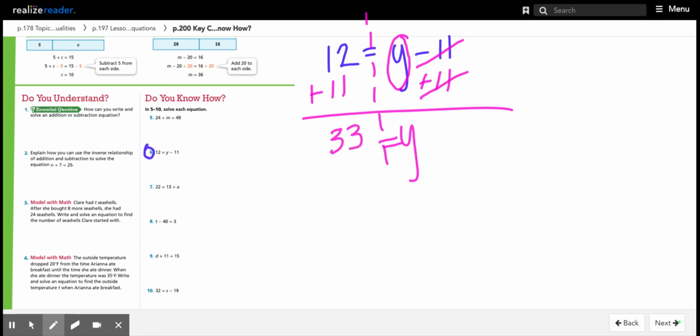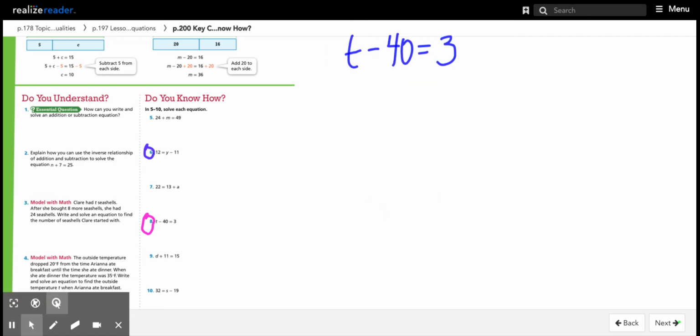Okay, next I want you to solve, let's try number 8. So what will t equal if the equation is t minus 40 equals 3?